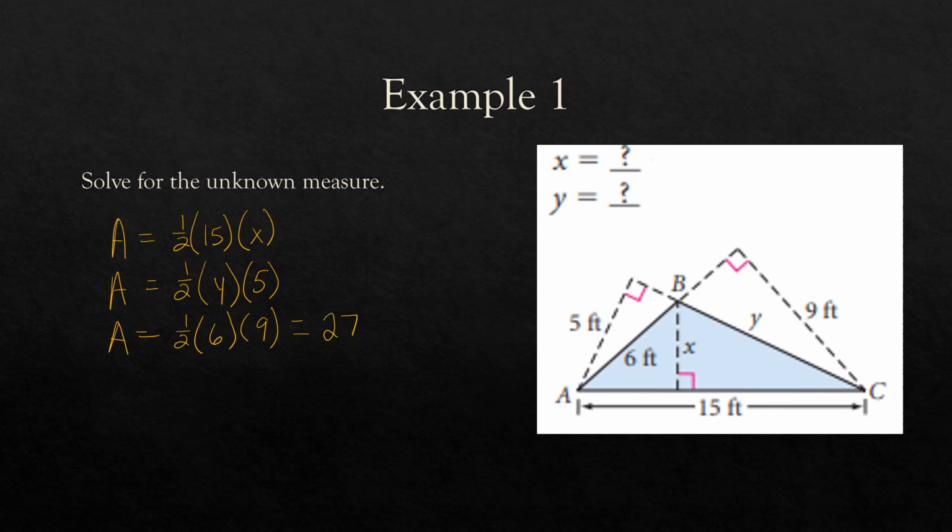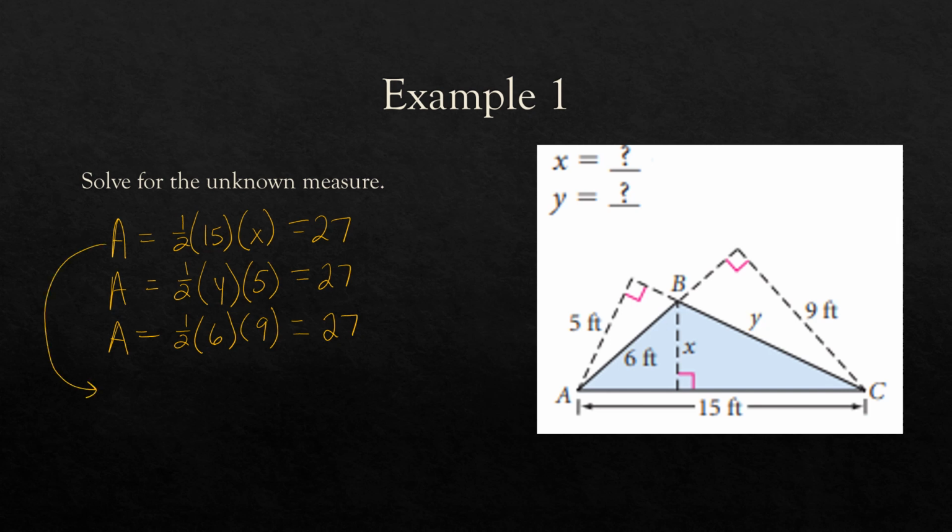Now I'm going to move along and say that 1/2 y times 5 is also equal to 27, and 1/2 times 15 times x is also equal to 27, because that blue triangle is the same for all of them.